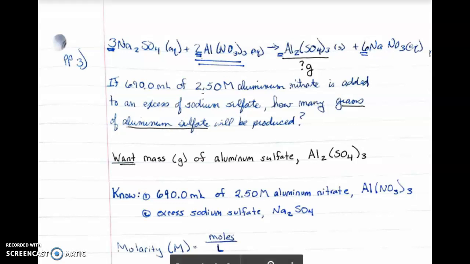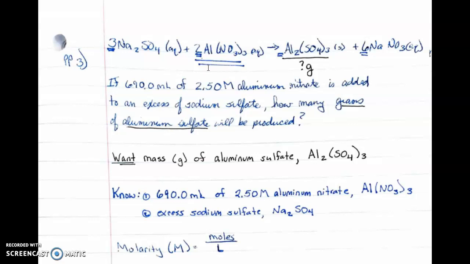But if we look through our problem, nowhere does it tell us the number of moles. So we have to use the information that we're given to first determine the number of moles that we have in order to establish the relationship between these molecules. And the only thing we know is something about aluminum nitrate, which is this molecule here.